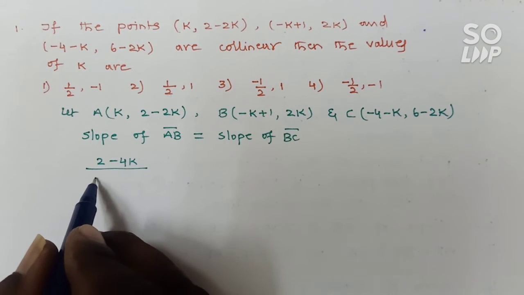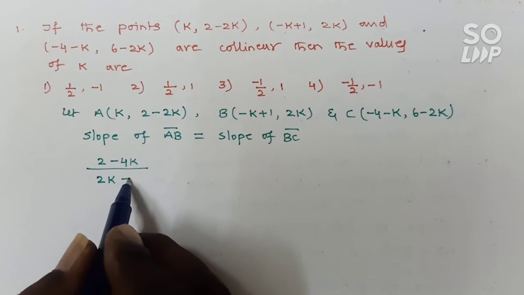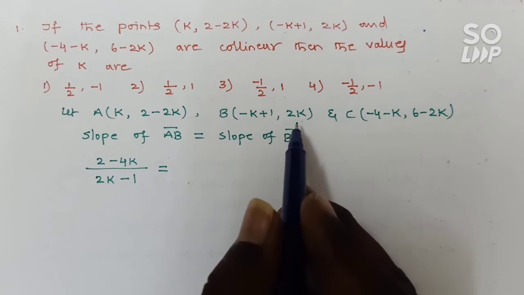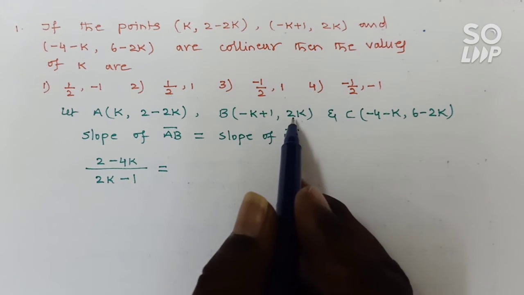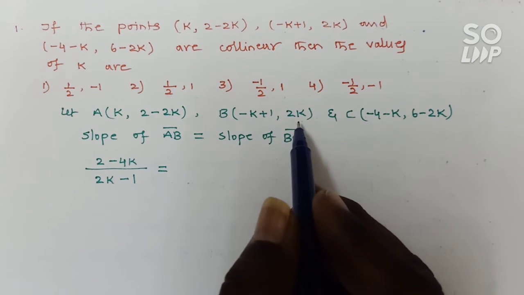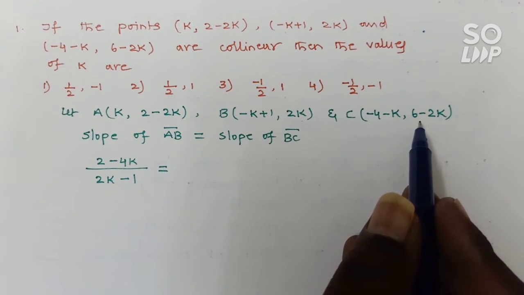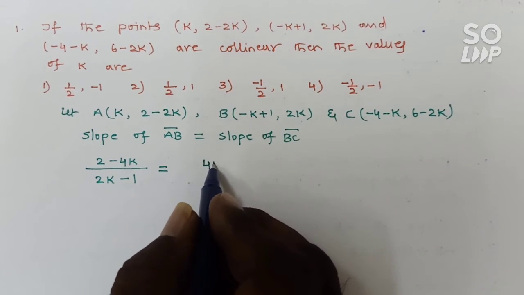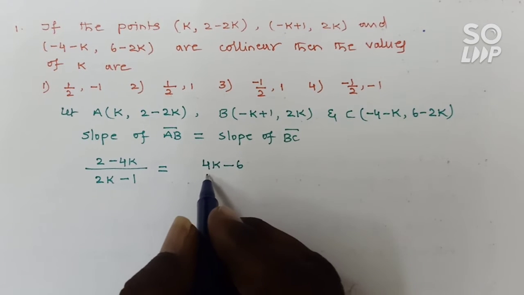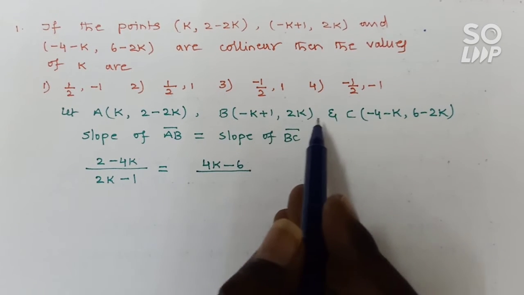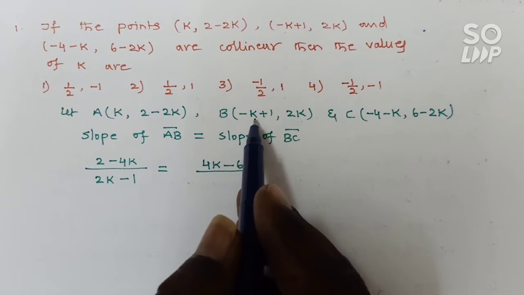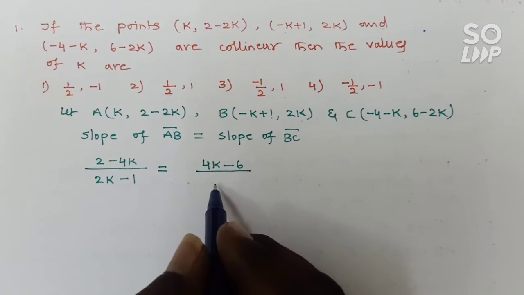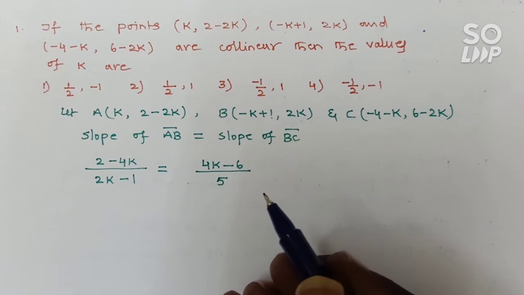So y1 minus y2 is 2 minus 4k, divided by x1 minus x2, which is 2k minus 1. This equals the slope of BC: y1 minus y2 is 4k minus 6, divided by x1 minus x2, which is minus k plus k cancelled, so 1 plus 4 is 5. This is the simplified value.